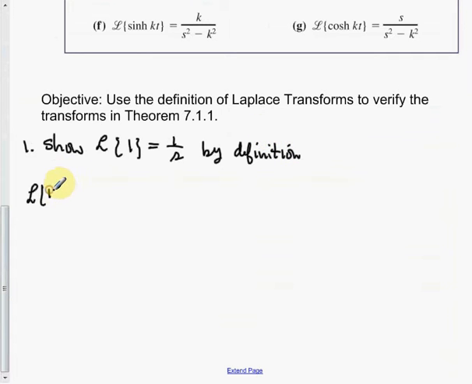So the Laplace transform of 1, by definition, is the improper integral from 0 to infinity of 1 times e to the negative st dt.